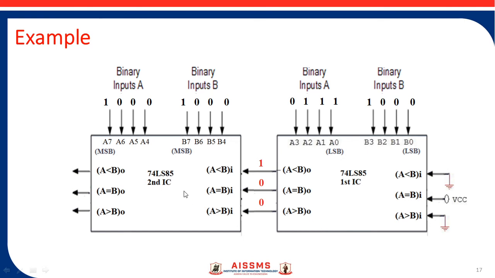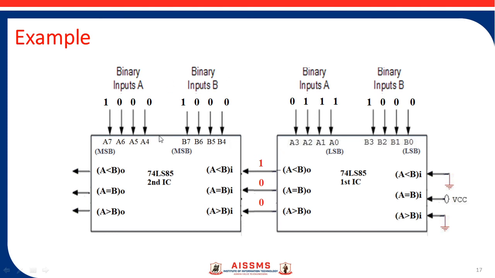So the second IC will compare the upper 4 bits, that is A7 with B7. It will compare the MSB first. The MSB of both A and B are the same, so this IC will compare A6 with B6. Again, A6 is exactly equal to B6. It will check the next bit, that is A5 with B5, both are the same. Then it will check A4 with B4.